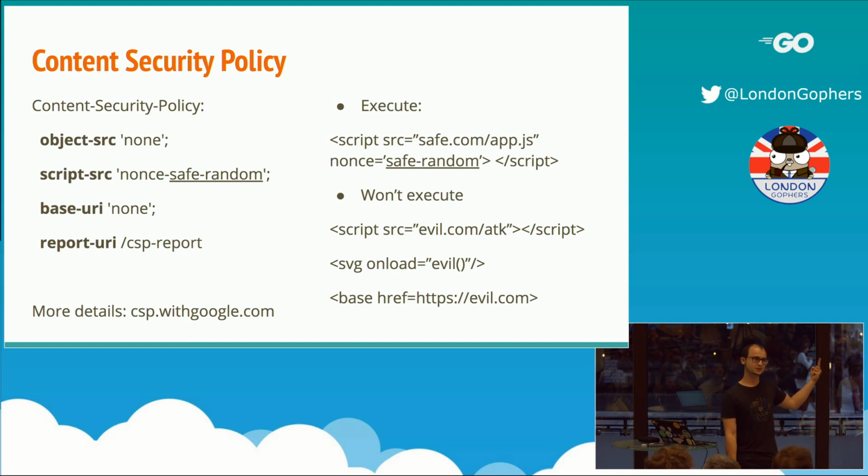That instructs the browser to never execute a script unless the nonce value in the page matches the header. So if an attacker is able to inject some code, even arbitrary HTML code, that will not execute because they cannot guess that value. If you look at it on the right, the nonce is unguessable. So even if you inject any of those things below, the browser is just going to throw an exception.